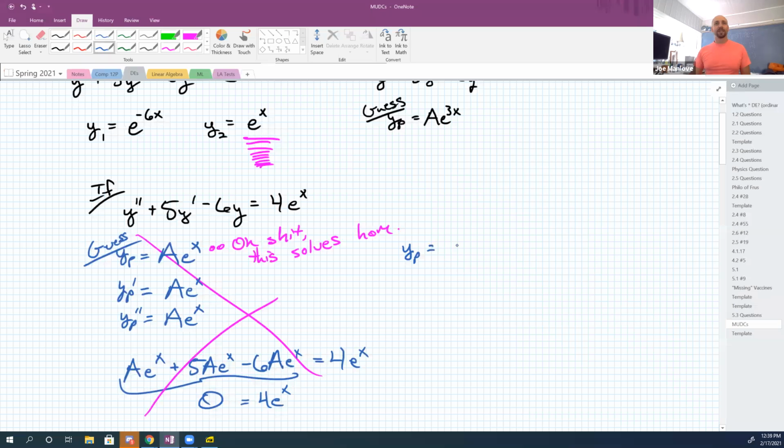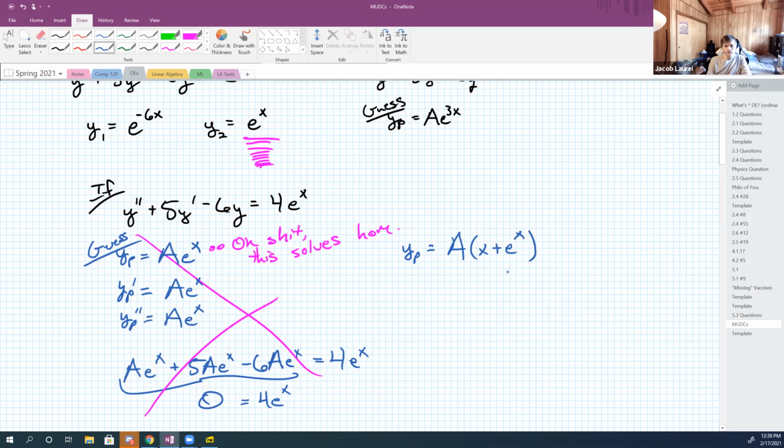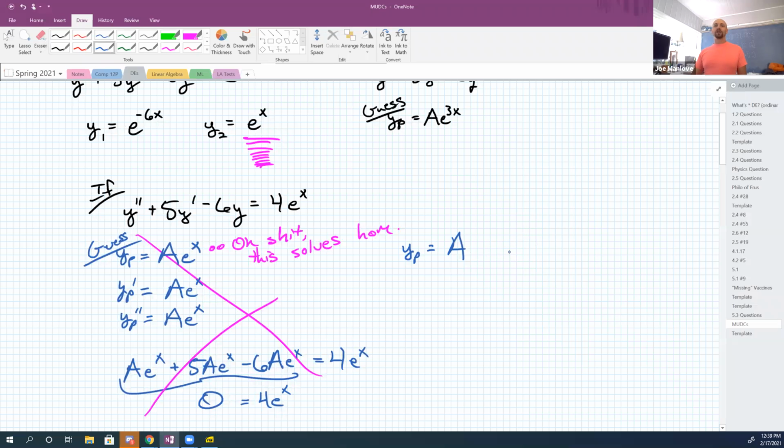So you want to guess a times x plus e to the x? No, I was thinking like e to the x squared or something. I'm just throwing out ideas. Yeah, no, that's a good idea. That's exactly what we're doing. So let's try a e to the x squared.